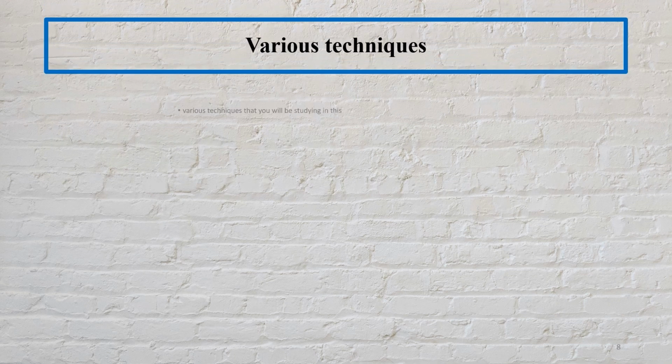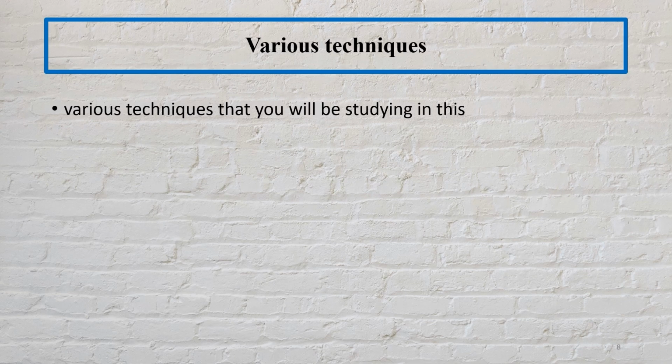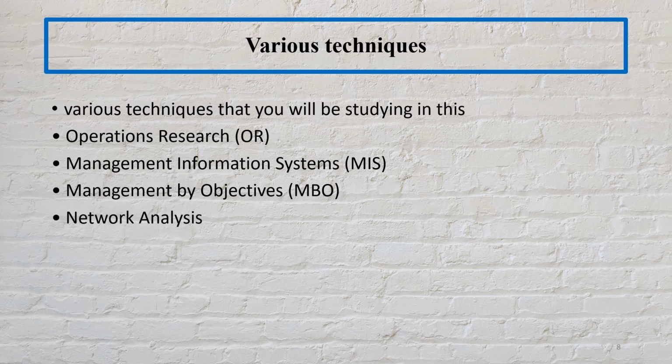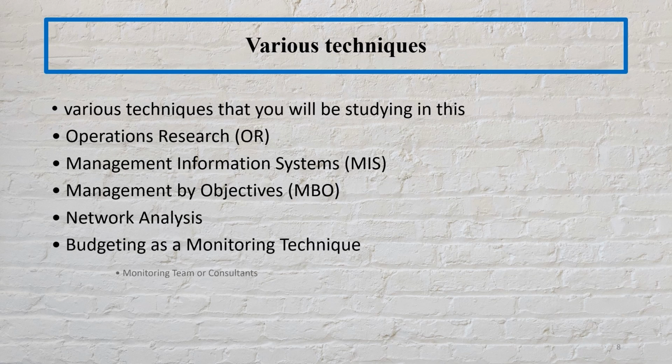So, there are various techniques: operations research, OR in short form, management information systems, MIS, management by objectives, MBO, network analysis, budgeting as a monitoring technique, and monitoring team or consultants.